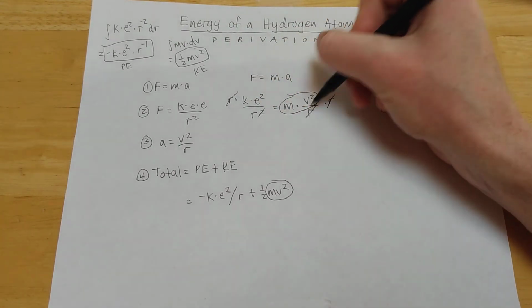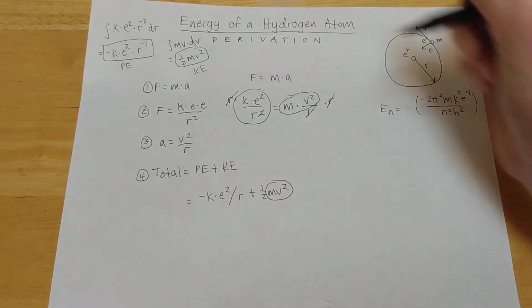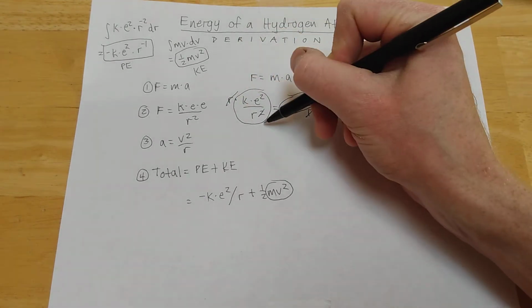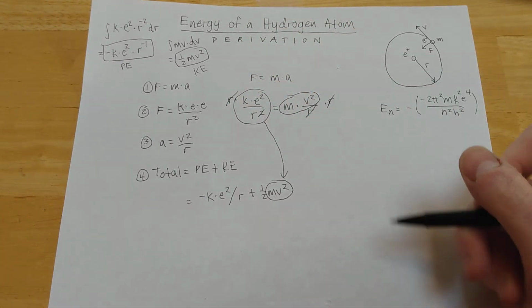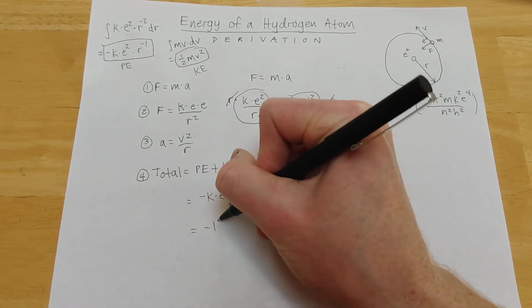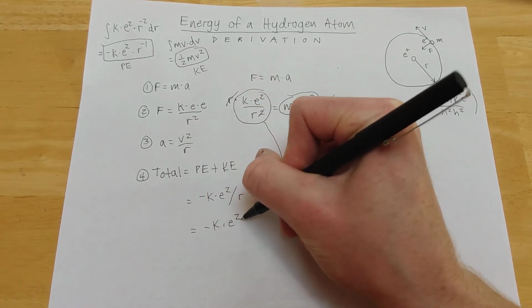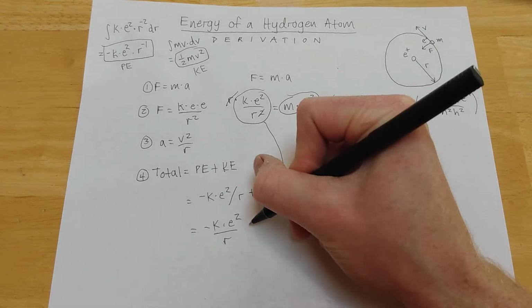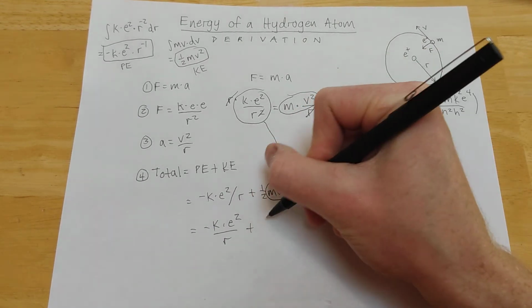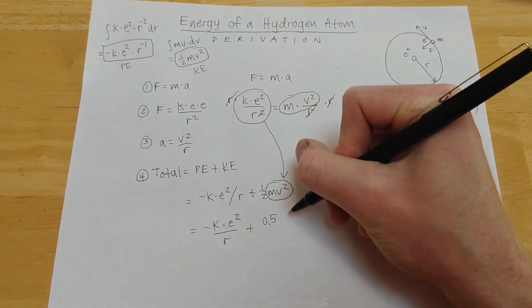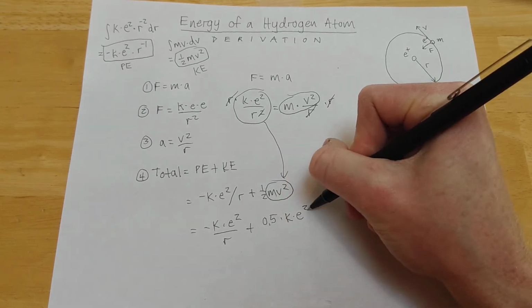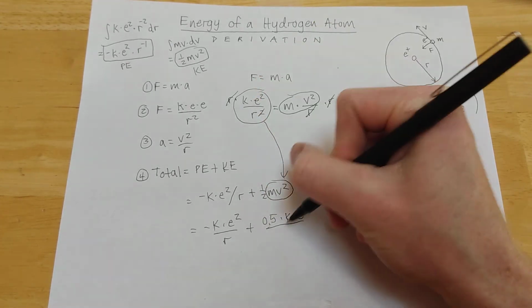And so really mv squared is going to equal k e squared over r. So let's go ahead and substitute that in for this term. So we've got negative k e squared over r plus, I'm going to call this 0.5 times k times e squared, all divided by r.